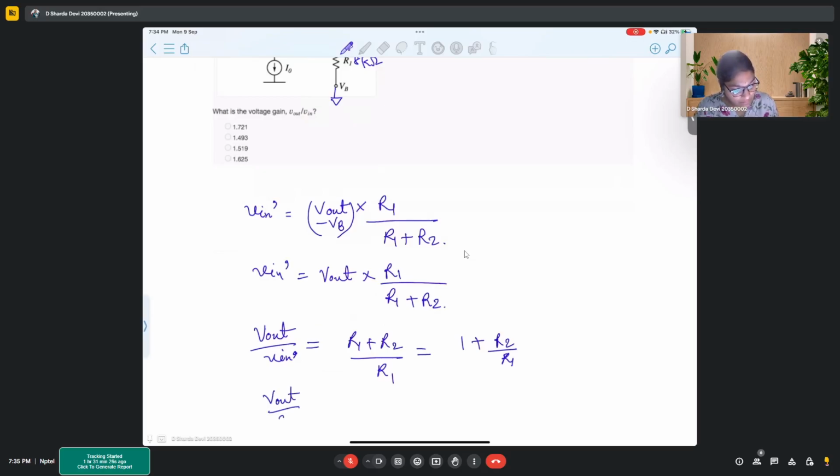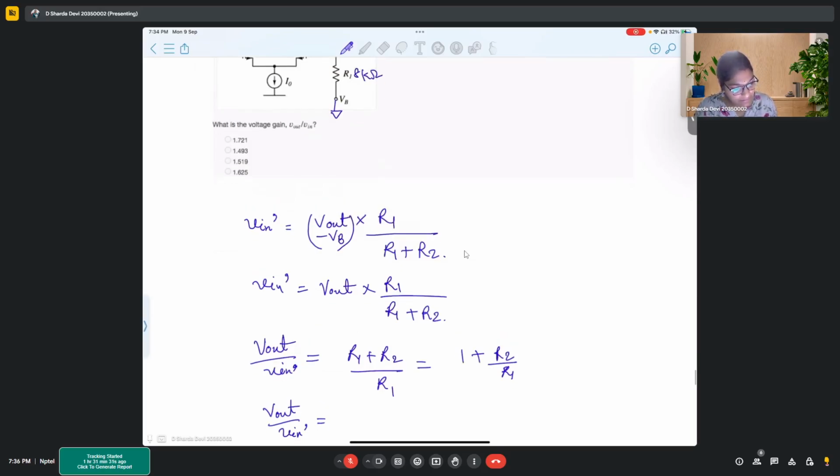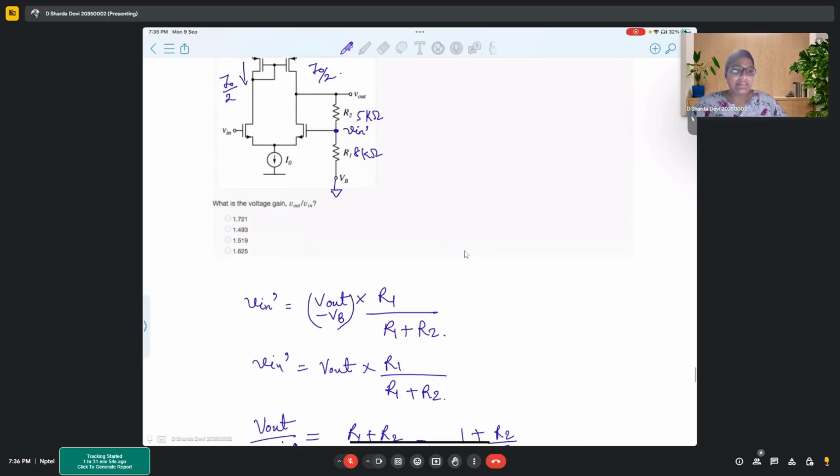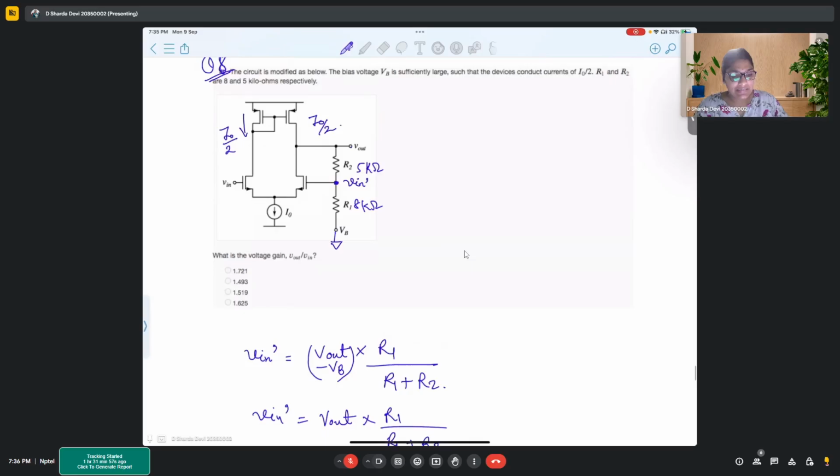So V out by V in dash will be 1.625 volt by volt, that is 4.2 dB. So we have solved this very directly, right? But to understand this particular circuit, it's a very complicated sort of self-biasing kind of circuit.